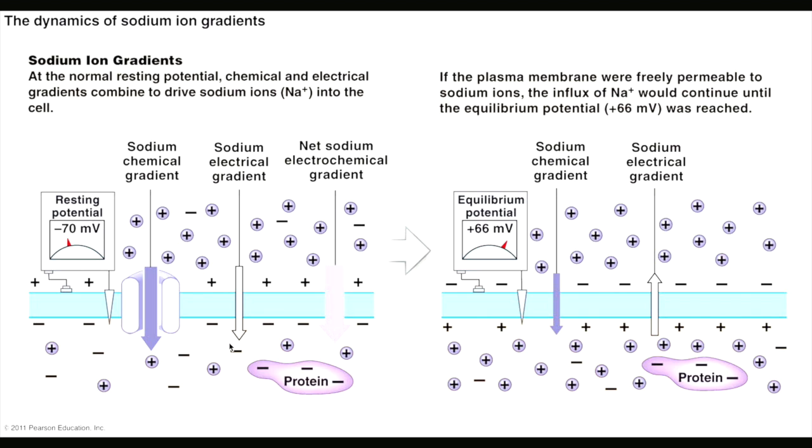So if the cell was permeable only to sodium, sodium would enter the cell until the equilibrium potential was reached. And for sodium, that would be about plus 66. So at that point, there's enough positive charges in here to counteract the chemical gradient.